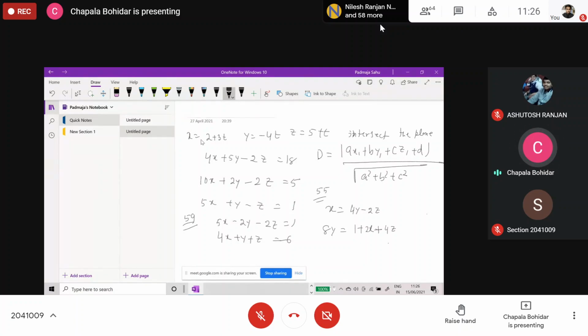I'm asking you one question here. If the question says identify the surface, and it is given y square plus z square is equal to 1, what type of surface is it?